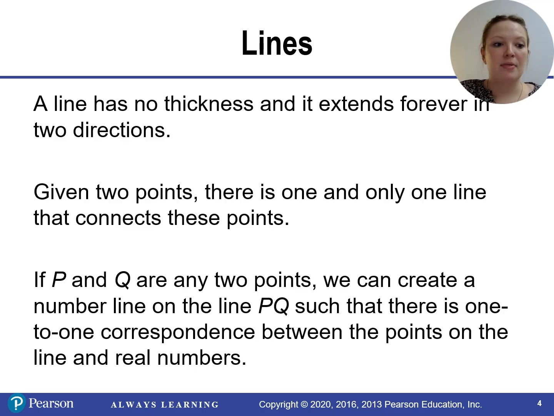So those are lines. This last point sounds a little bit confusing, but essentially what it is saying is that the number of points on a line is the same as the number of real numbers, which we often call uncountably many.